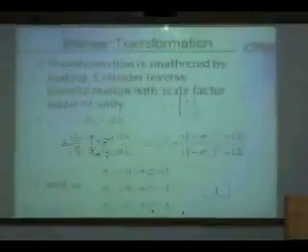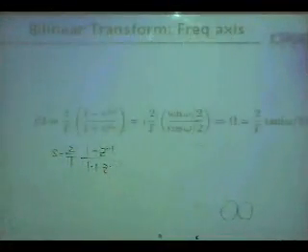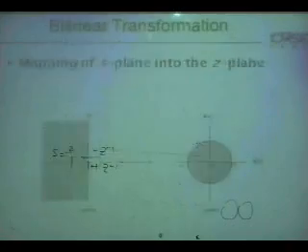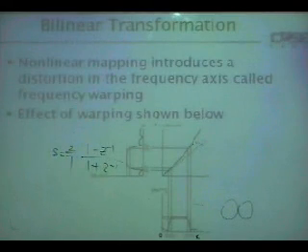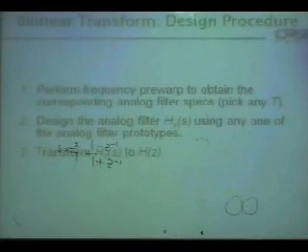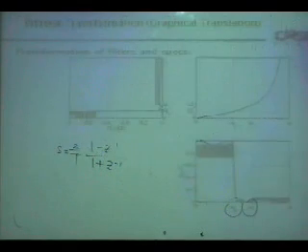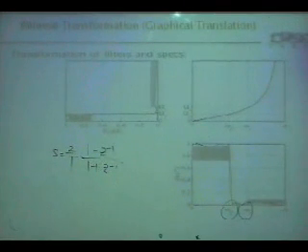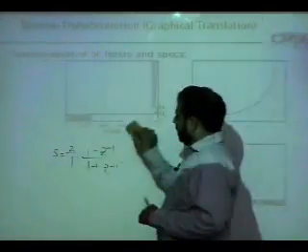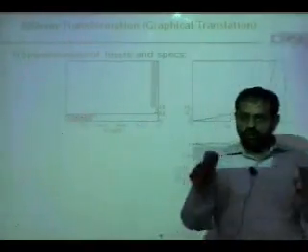Let me make sure it is, yeah. So every S is replaced by this. Otherwise it is very simple to learn, and this is what will happen in frequency domain. It'll ensure stability, it'll ensure everything.